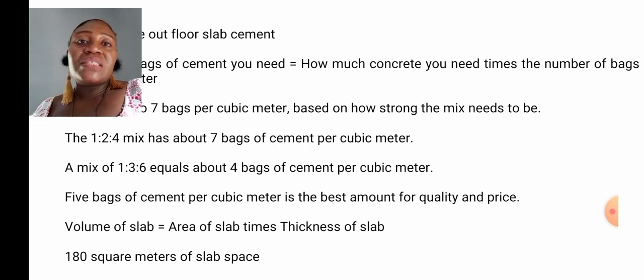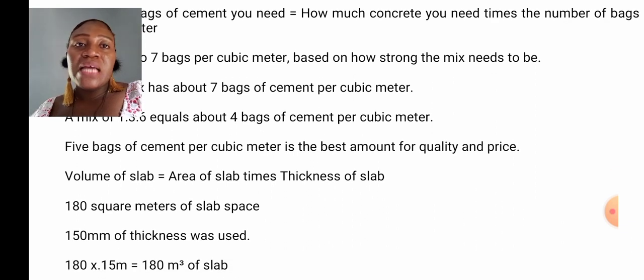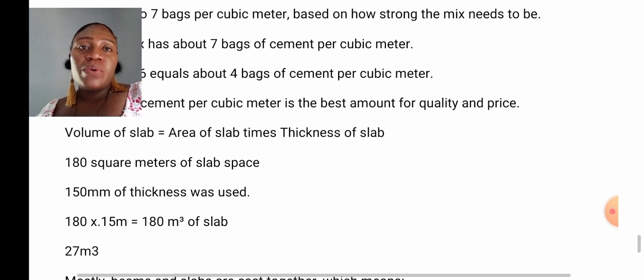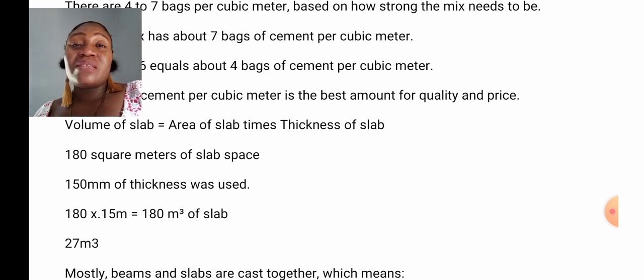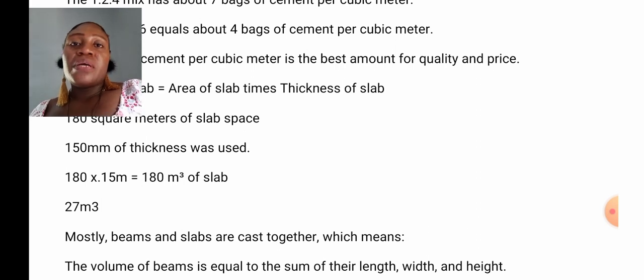So the volume of slab equals the area of slab times the thickness of slab. Working with 180 square meters of slab space and 150 of thickness is 180 times 0.15 meter, which will give us 27 cubic meters.